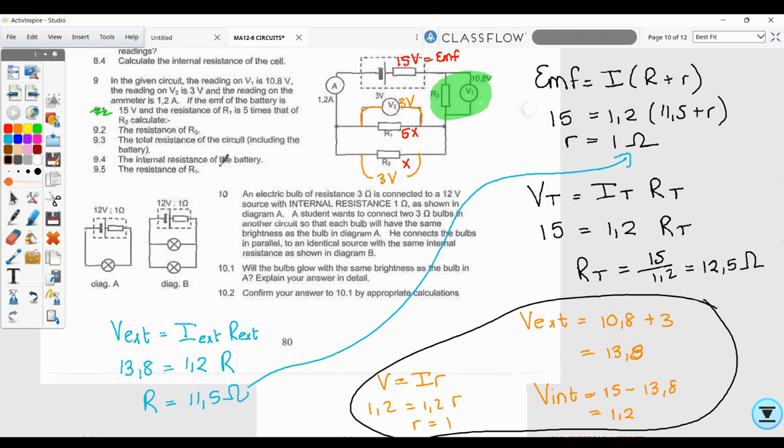And then the last thing they want is R1. Now that becomes very easy because we've kind of worked it out a few times already. So we know what V is. You need to know what the current is that goes through each of them. If the current is 1.2, it's going to split up in a ratio, remember? 5 parts will go here, 1 part will go there.